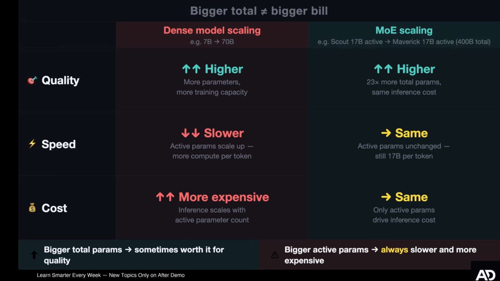Maverick has 23 times more total parameters than Scout. Same active count, same inference cost. But the model had 23 times more parameter capacity during training, more room to specialize each expert. So, bigger total parameters are sometimes worth it for quality. Bigger active parameters always mean slower and more expensive. Know which number someone is quoting you.